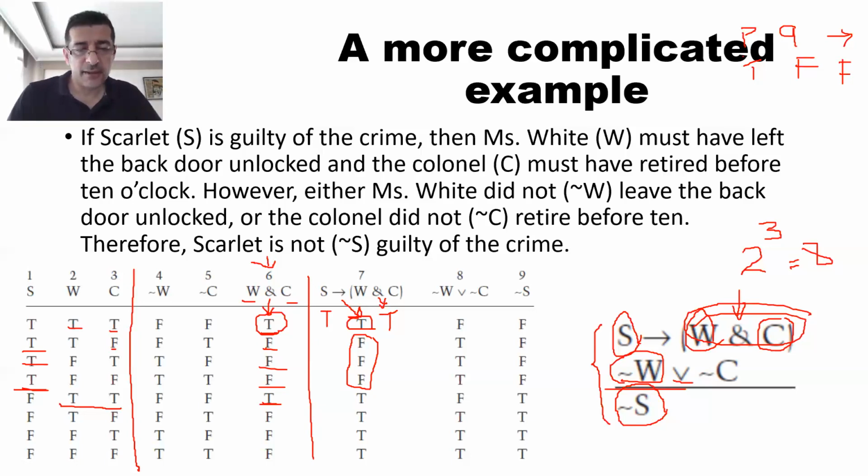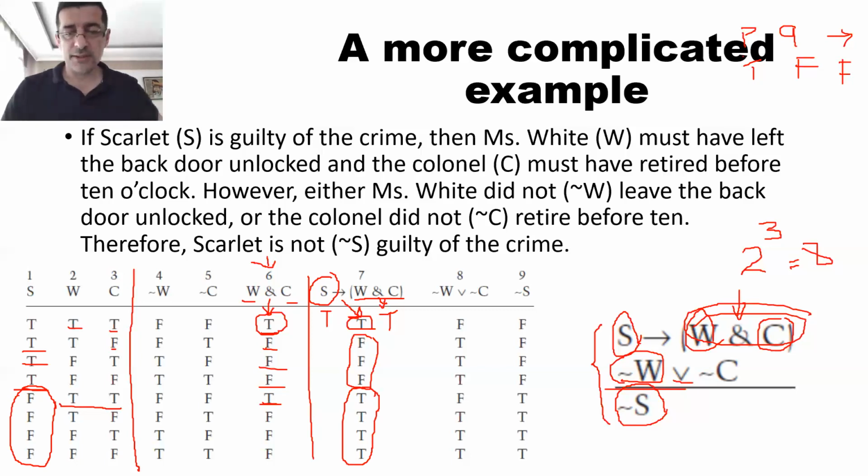If the antecedent is false, then my conditional operator would always be true, no matter what the consequent is. And here, because all of them are false, I know these four would be true, right?